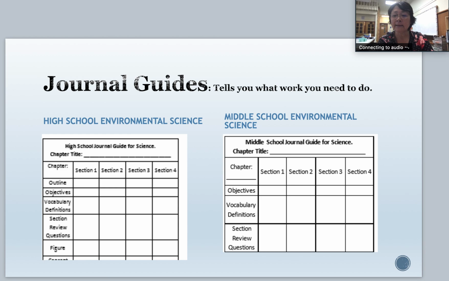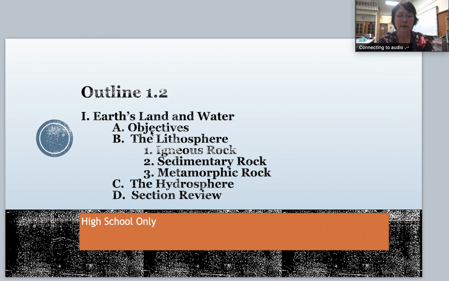So let's get started. The outline for 1.2 is as follows. Our Roman numeral I indicates that we will put in the title of the section, and the title of the section is Earth's Land and Water. Then our next subset of categorizing in the outline is using the capitalized alphabet.